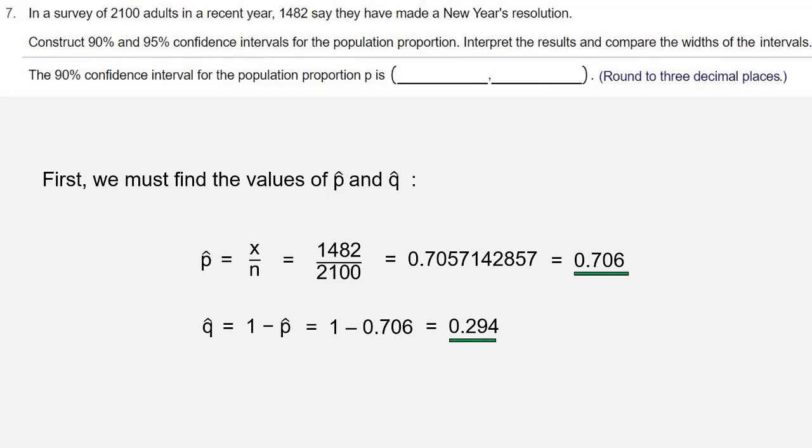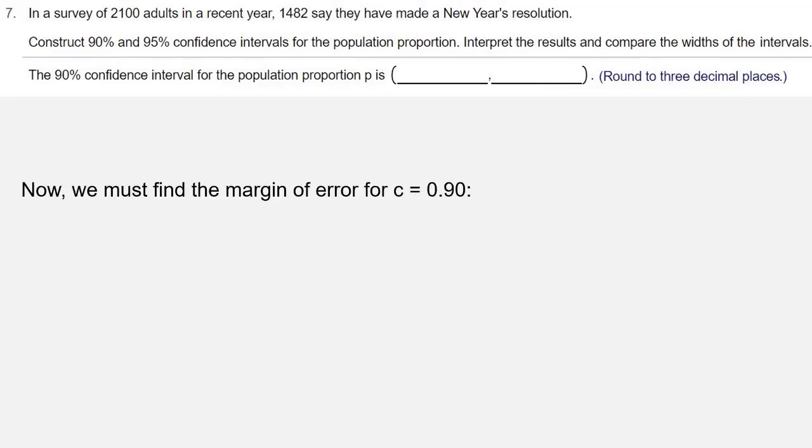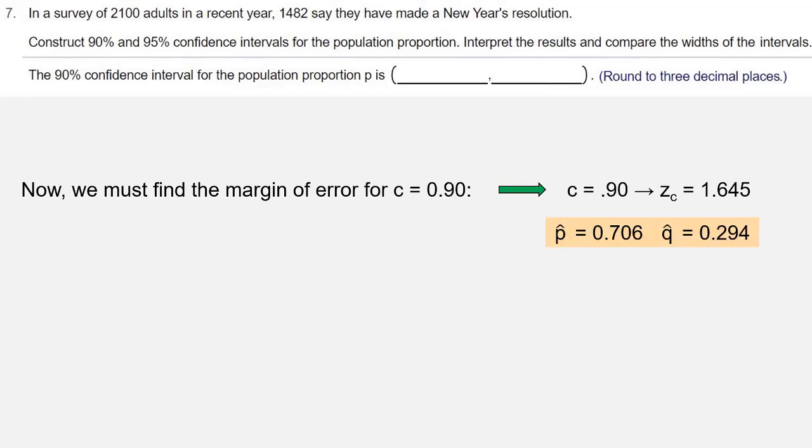Now, to begin with the 90% confidence interval, we're going to need to find the margin of error. When c is 0.90, zc is 1.645. We need that value in the error formula. The error formula for a population proportion is error equals zc times the square root of p hat q hat over n.